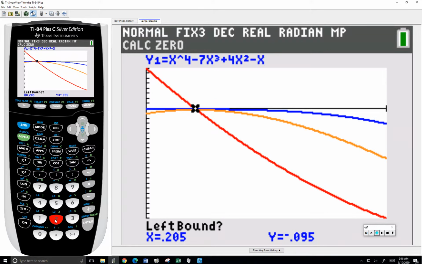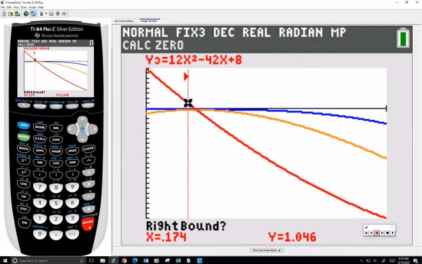Now it says left bound. So I need the cursor to be on acceleration. So I'm on the wrong graph. So up and down arrow will move me to the correct graph. So now I'm on acceleration. I have to be to the left of the 0, so move over. Press enter.